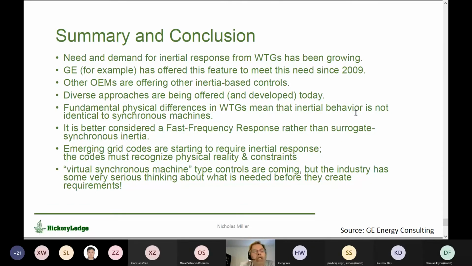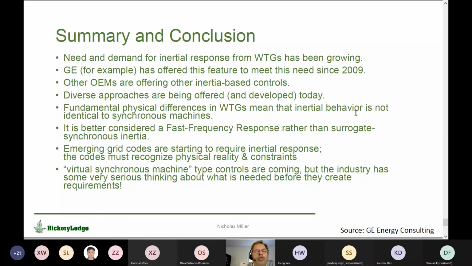The understanding and coordination around the use of these functions has really been slow. It isn't widely used, really. It's still a novelty after more than a decade, and a lot of the institutional focus is on making sure they've got primary frequency response.